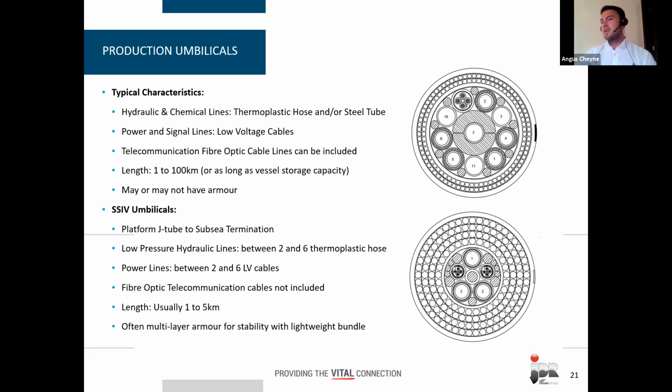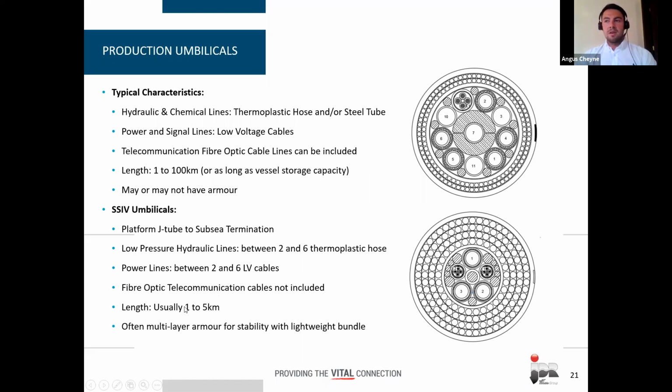SSIV umbilicals are typically routed through a platform J-tube to the subsea termination. Because they perform a limited function in terms of operating and controlling the valve, they have a limited number of components as well. So you've got a low number of hoses and low voltage power cables, as in this example you'll see on the right here, and they typically wouldn't include fiber optics.